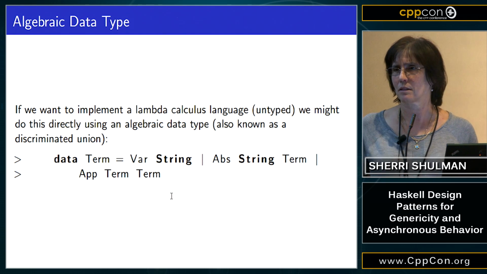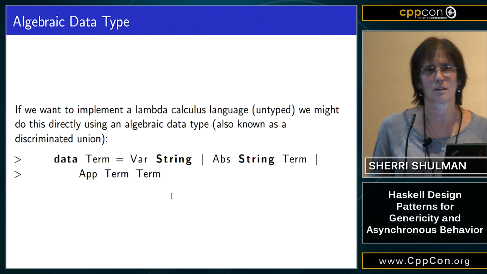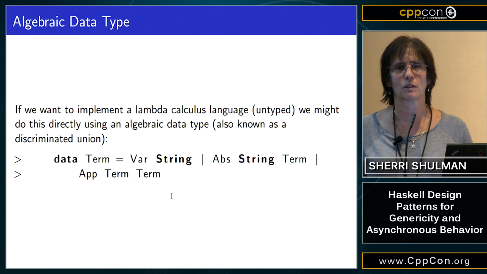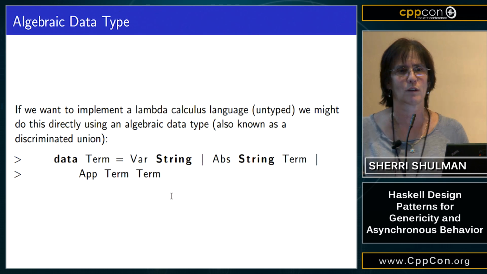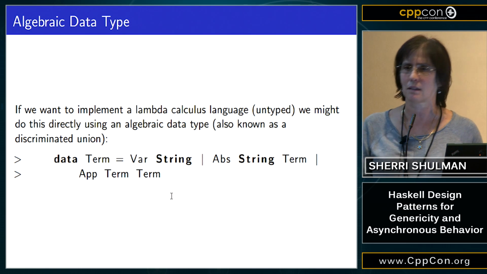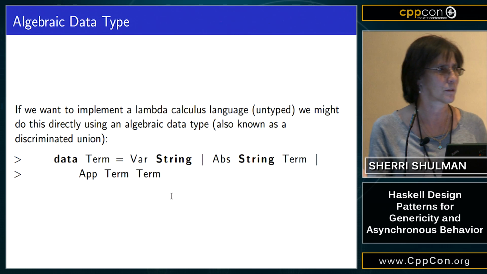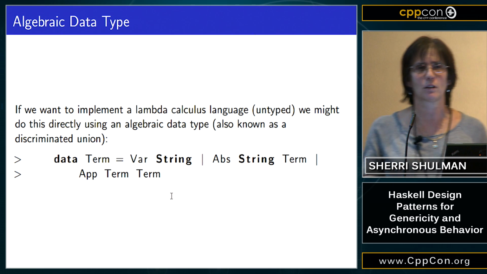The lambda calculus is not. It was introduced as a very abstract language. And one of the most common ways of understanding Haskell is not associated with the machine at all, but it's associated with a term rewriting system. So you can think of yourself as being at a really abstract level without having to think about the underlying hardware. So this says VAR, ABS, and APP are like tags.